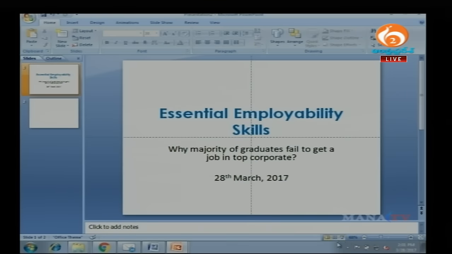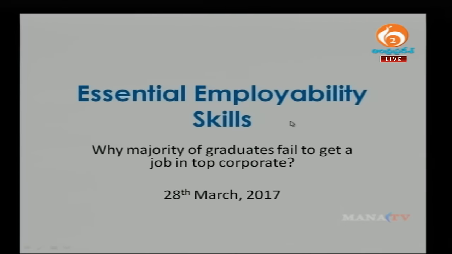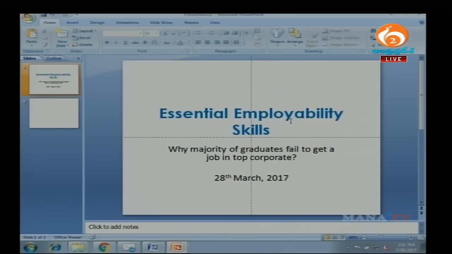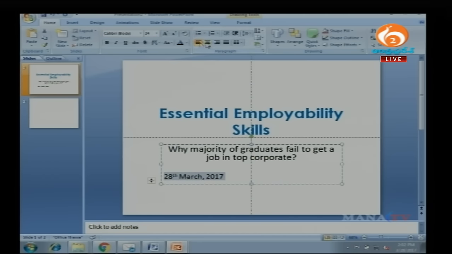Now let me go to the slideshow mode. So this is how my title slide looks like. But the font size of the subtitle is 30 and this is also 30. So I want to reduce this a bit. Okay. You can alternatively also have the date aligned to the left, which is a good practice.